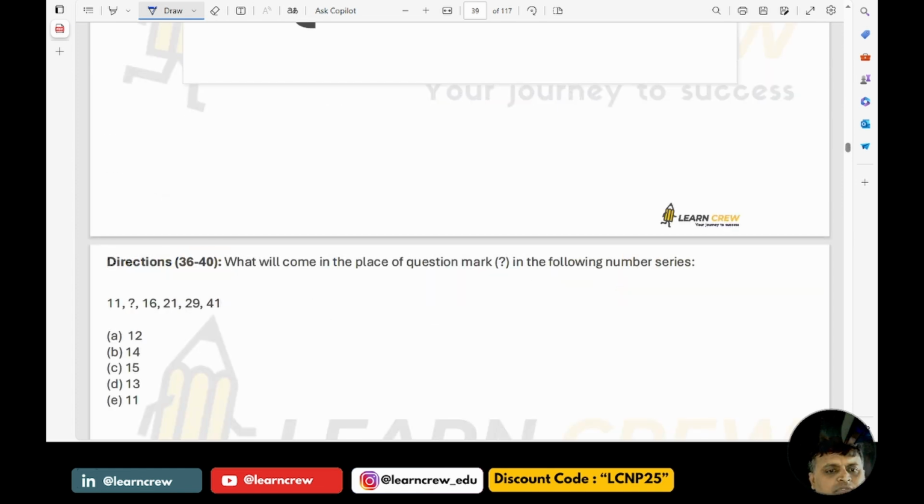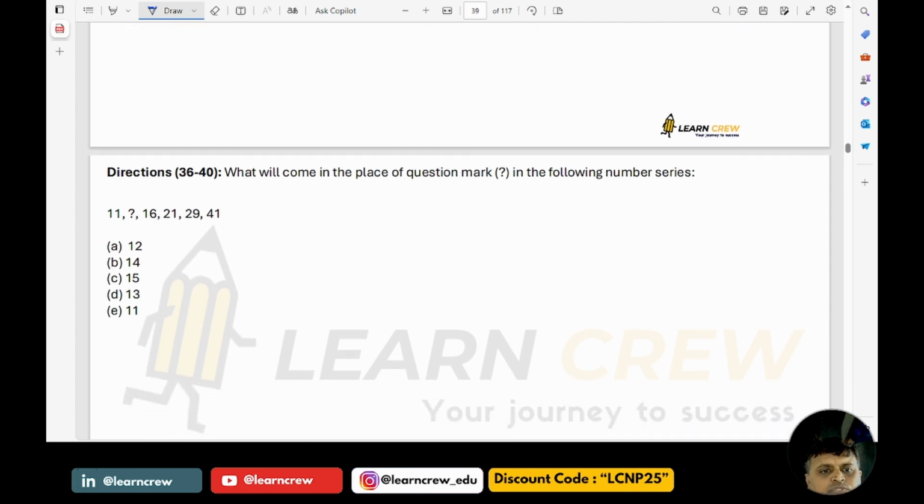Question number 36 to 70, you have quantitative aptitude. The first section, 36 to 40, is number sense. Missing term: 11, 16, 21, 29. Here 29, 41, difference is 12; 21, 29, difference is 8; 16, 21, difference is 5.